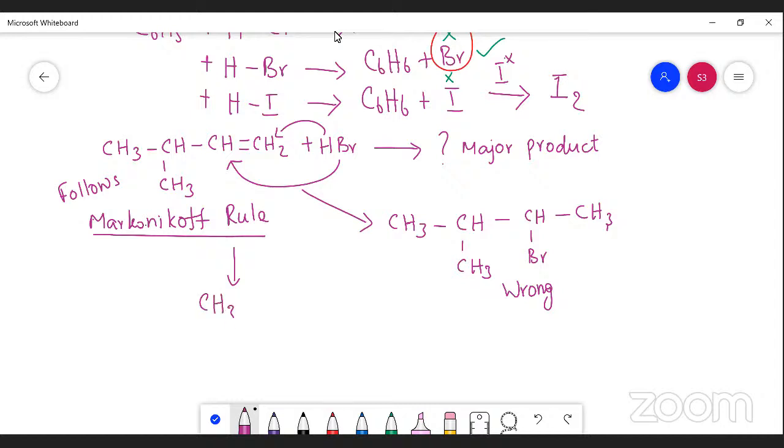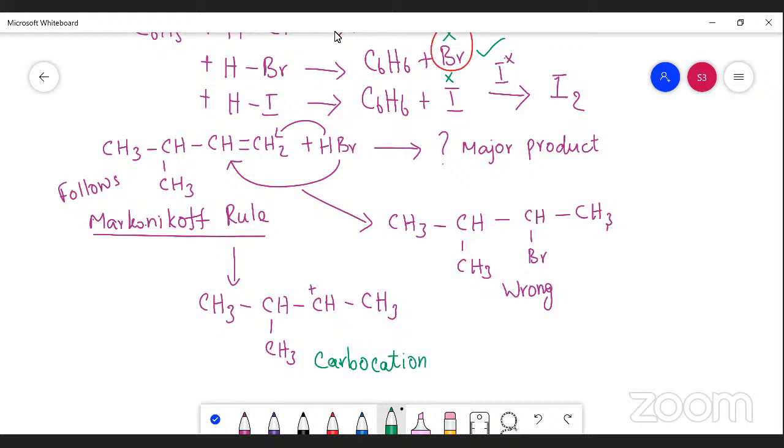It is CH3, CH, CH3, CH, carbocation, and here CH3. This is the carbocation form. And this carbocation formation is only in the case of Markovnikov flow.